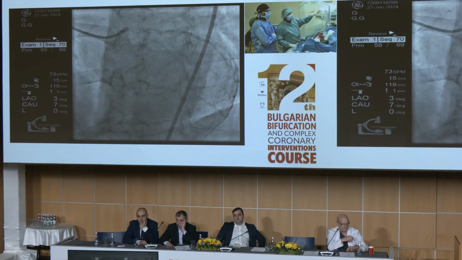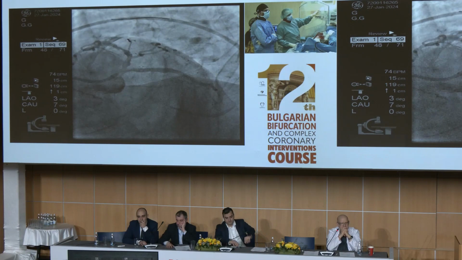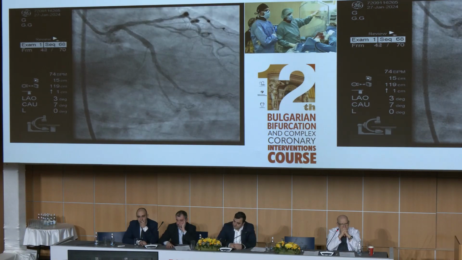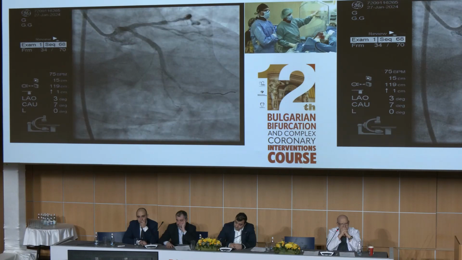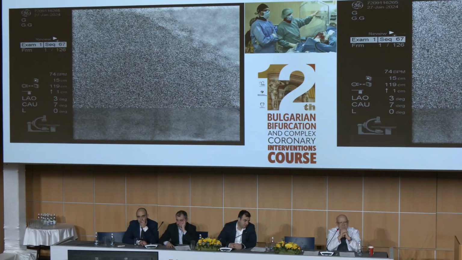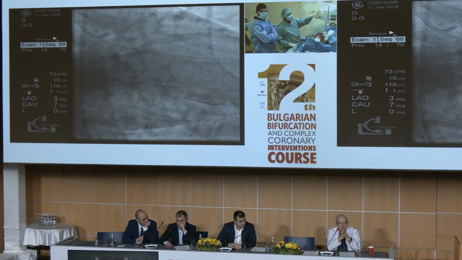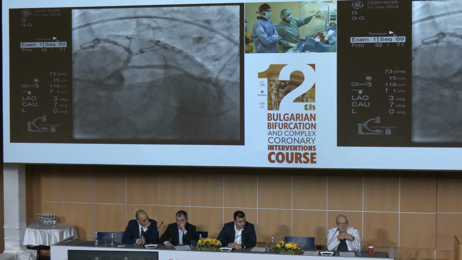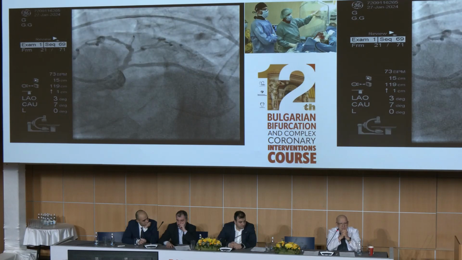I don't know what else we can do. Actually, the only option at this point is just to place a graft stent. I'm not sure that this is a very good option for the patient. It is absolutely unjustified in my view, and we don't have evidence about this.